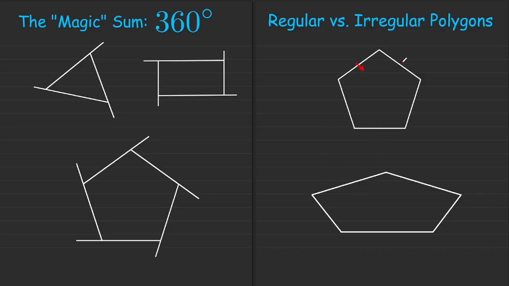So 1, 2, 3, 4, 5. That is a pentagon, you see. And then this is also a pentagon. So we have 1, 2, 3, 4, and 5. But if you observe the two, what difference do we take note of?